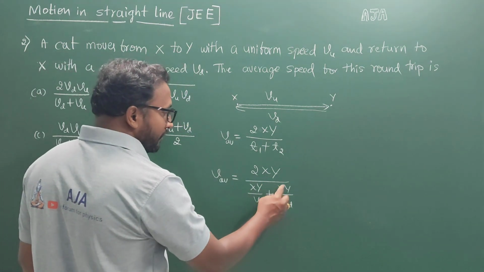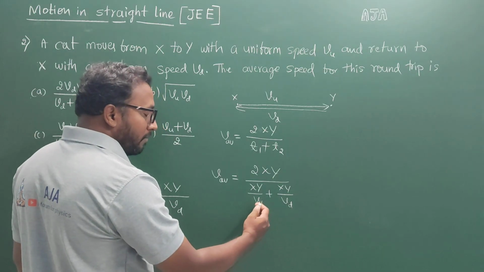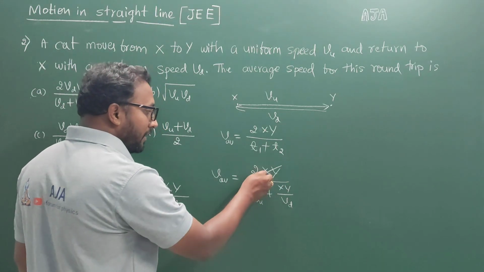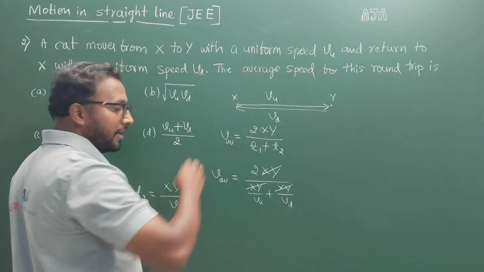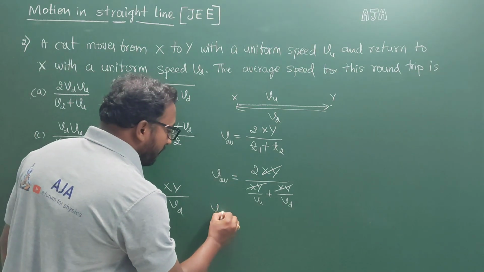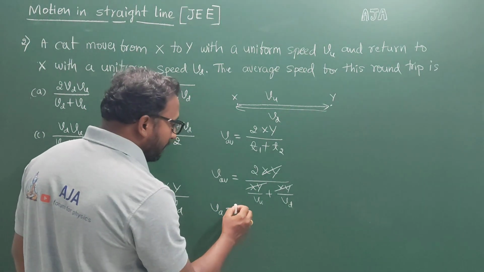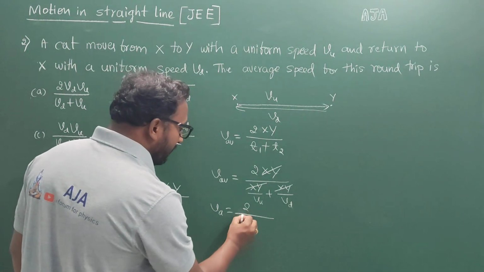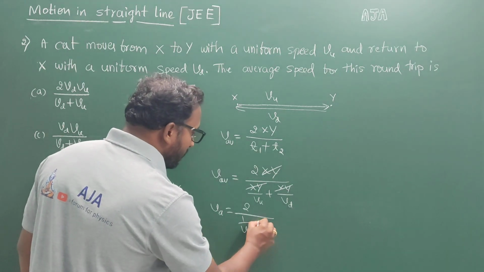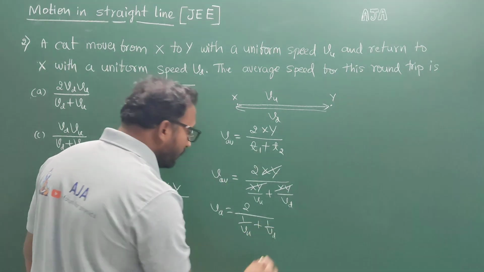So you can take this xy common from both the terms of the denominator, and it can be cancelled with the xy in the numerator. So therefore average speed can be obtained as 2 divided by 1 divided by vu plus 1 divided by vd.